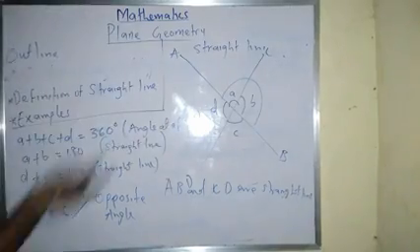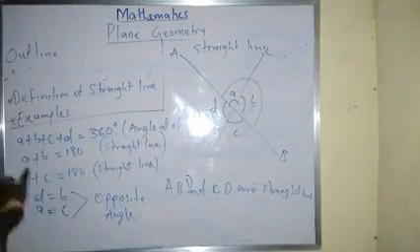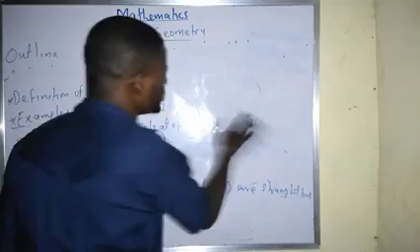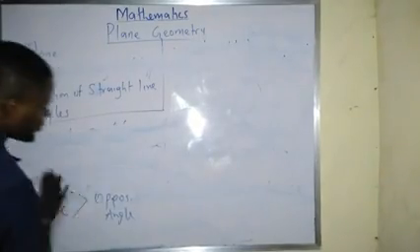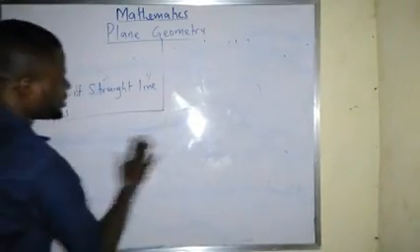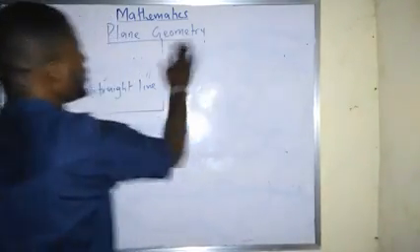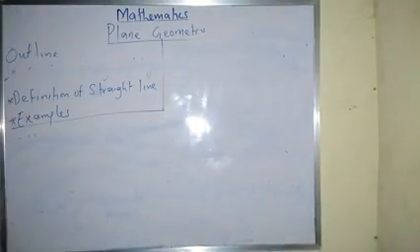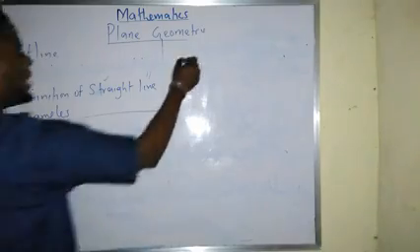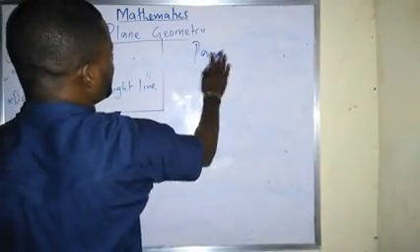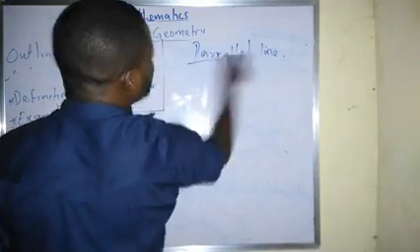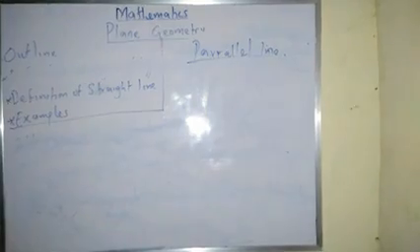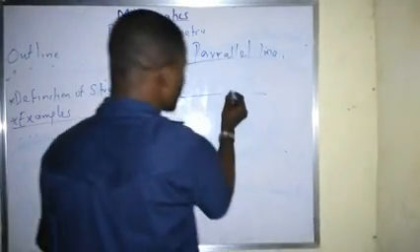Now let me move on to this part. Take note, this is very, very important. Another one that I want you to understand at this point: let me talk about parallel lines. Parallel lines are always indicated by an arrow on two lines like this.